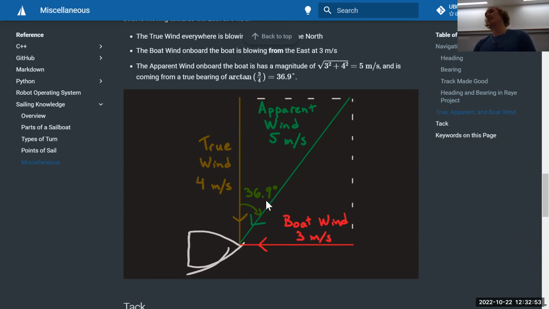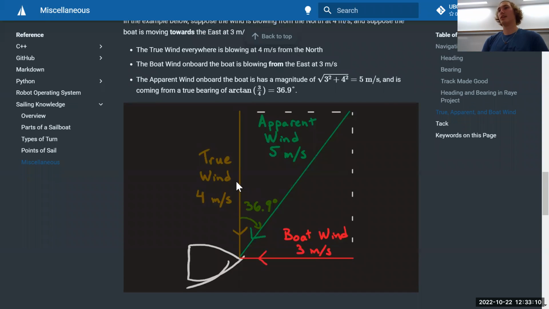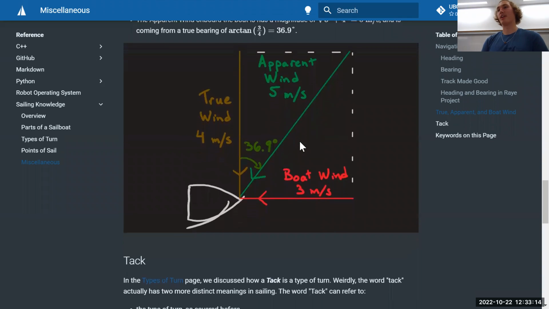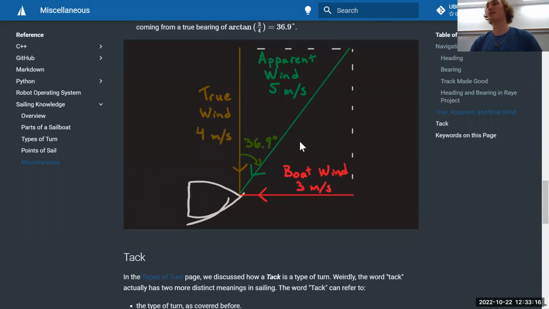If you're standing on a moving thing and there's no true wind, you just feel the boat wind. The boat wind is always just the speed of the boat, blowing straight towards whichever way the boat's going. The apparent wind is a vector sum of the boat wind and the true wind. I put how I did my calculations there. You can figure out the formulas if you need to.